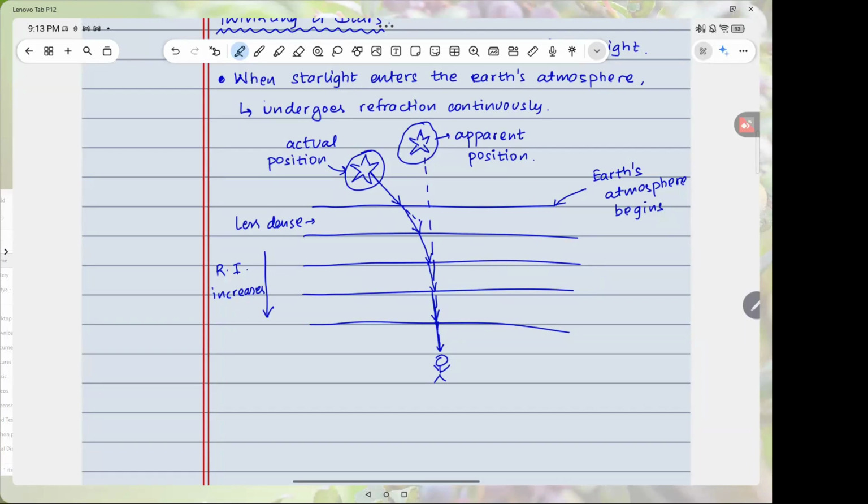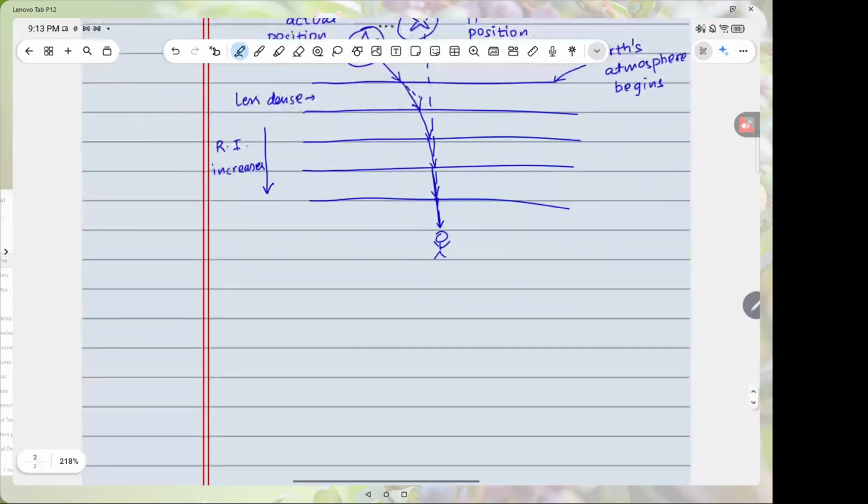So the stars are very distant as well. Since the stars are very distant, we observe them as point sources of light. Point sources.